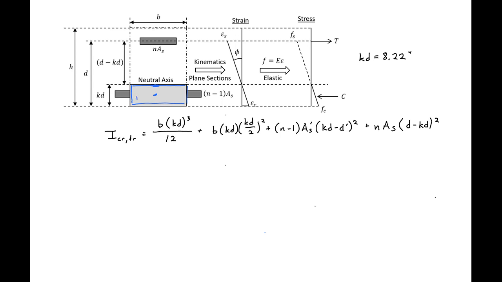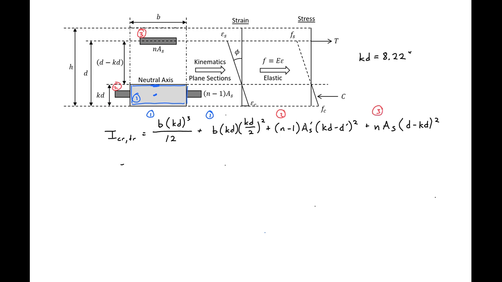So we'll have our area 1, our area 2, and our area 3. And for our steel areas, we're going to neglect the moment of inertia of the steel itself and just consider the A d squared component. So you can see we have our component 1, our A d squared component for 1, our A d squared component for 2, and our A d squared component for 3.